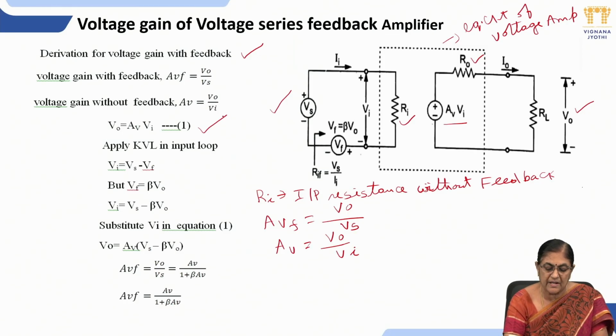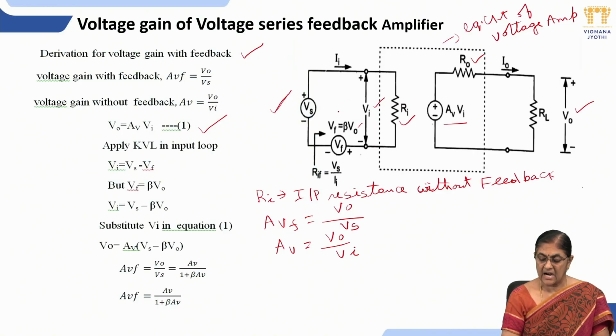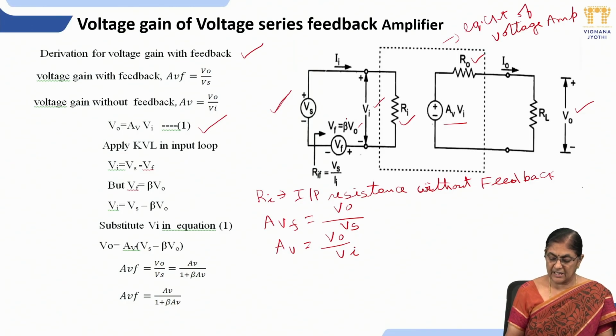That is equation 1. Apply KVL in the input loop of the circuit. By applying KVL in the input loop of the circuit, observe the polarities. Polarity of Vs is like this. And how many voltages in the input loop? One is Vs, and another one is Vi, and third one is Vf. So observe the polarities of all voltages and then apply KVL in the input loop.